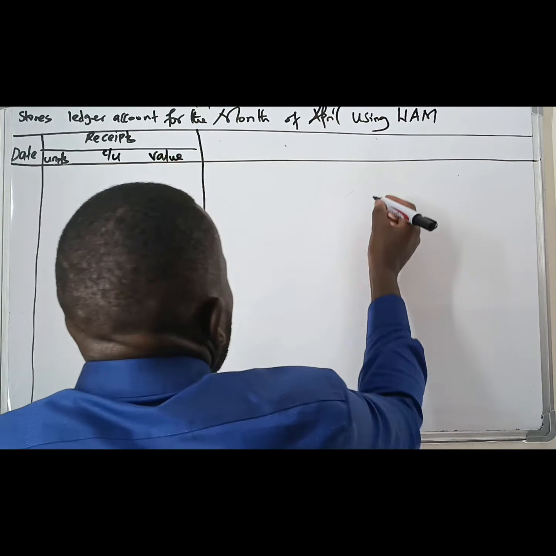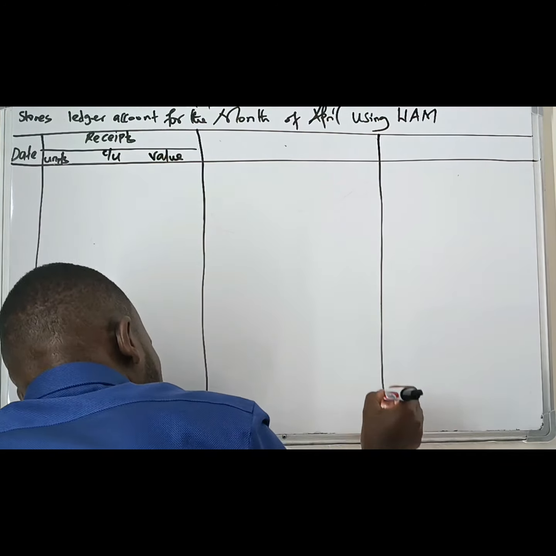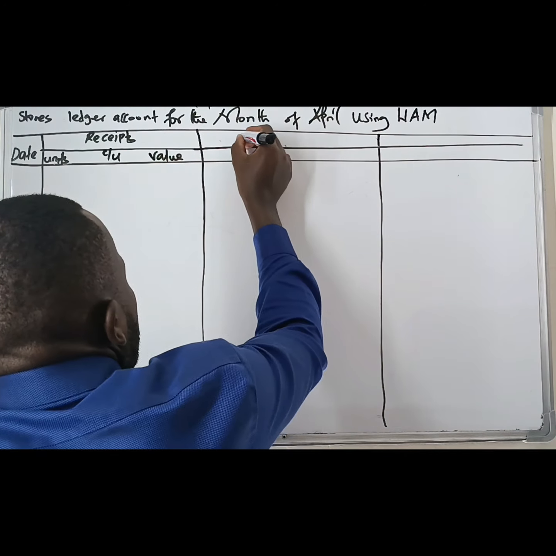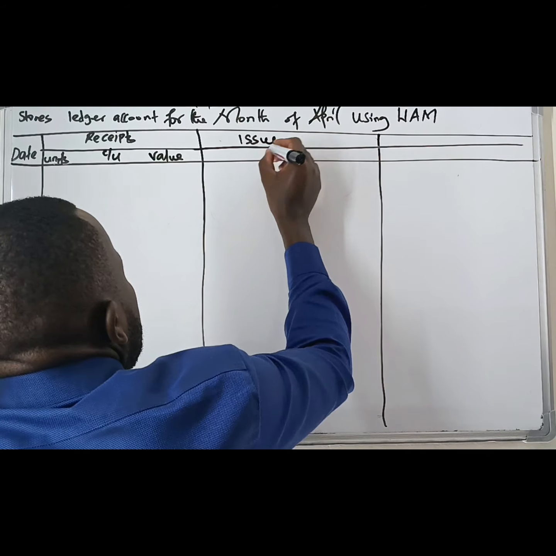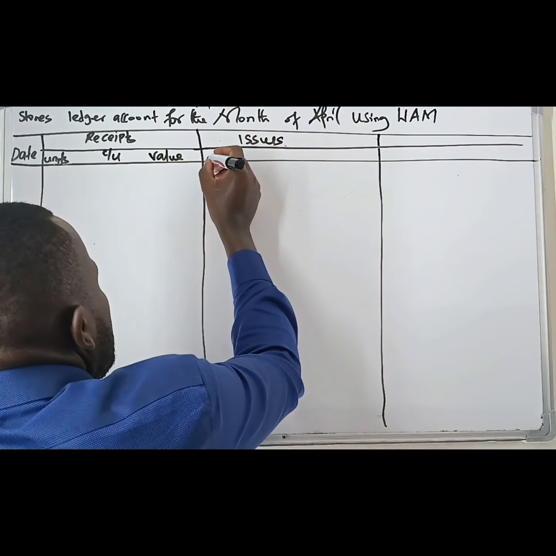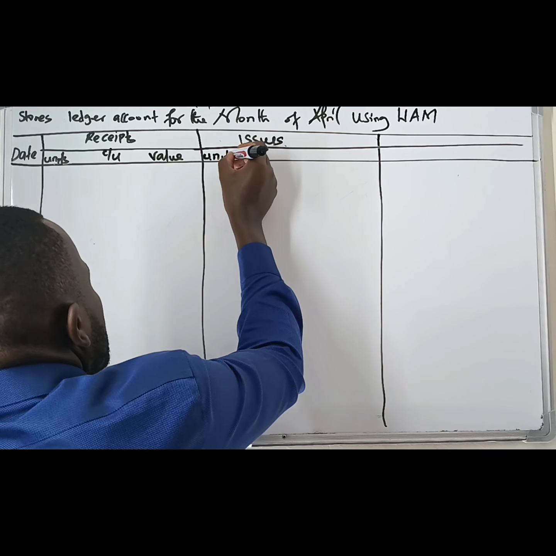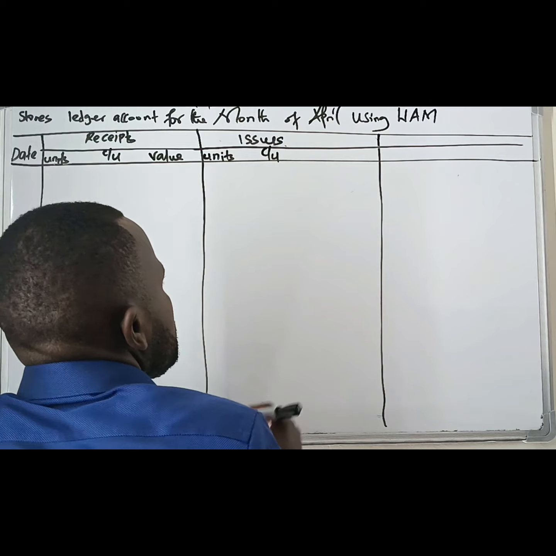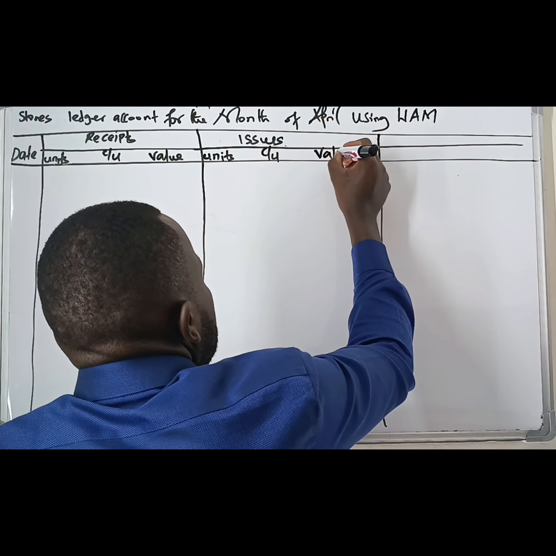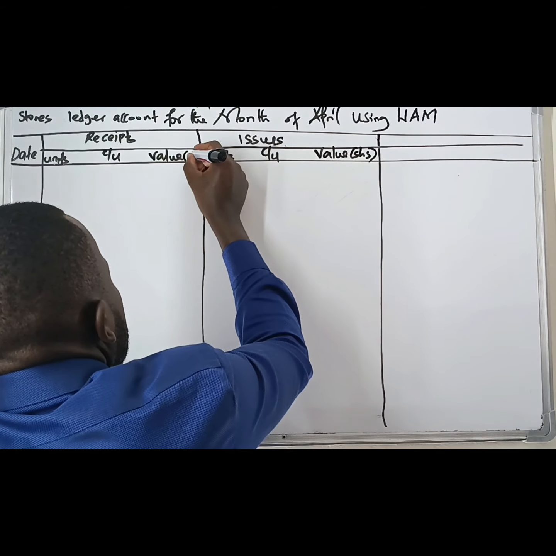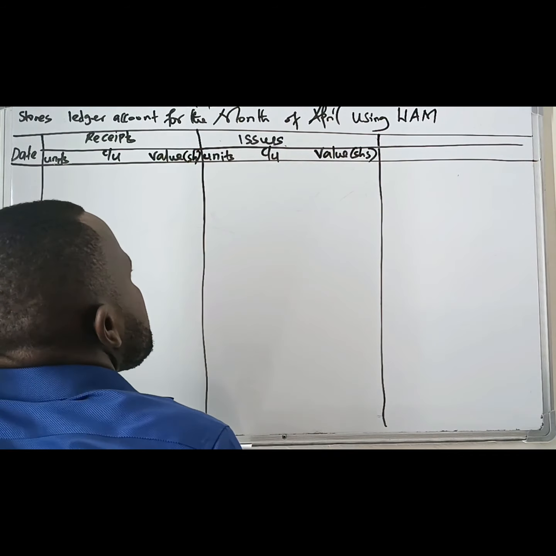The same will happen when you are selling or issuing. After you receive, you may have a transaction where you are selling or issuing. So this will be a column for issues. You have to record how many units you are selling or issuing, at what cost per unit, then the value. Remember the value is in shillings and also the cost per unit is in shillings.